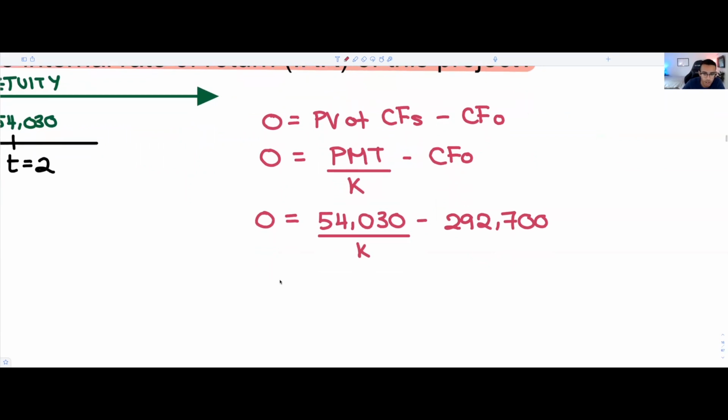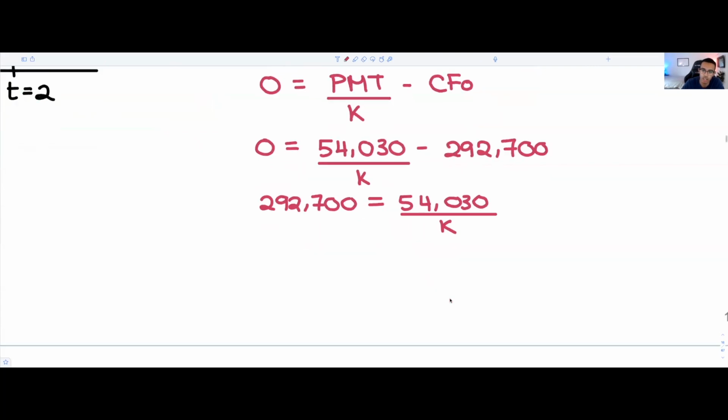This is a very easy computation. You're just going to set this equal to the same thing over K, such that you would have 292,700 K is equal to 54,030.